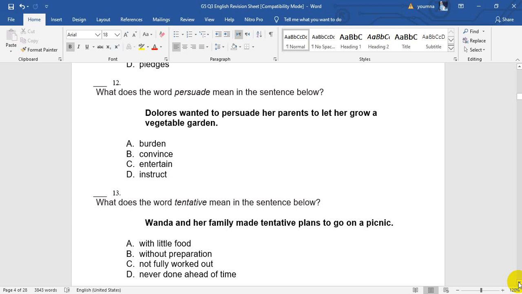So here she wanted to persuade her parents to do such a thing, which is growing a vegetable garden. So it will be burden, convince, entertain, or instruct. She wants them to agree. So persuade means convince. Very good. So it will be B.